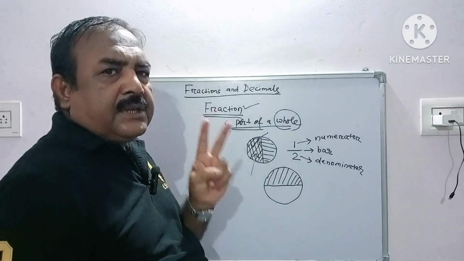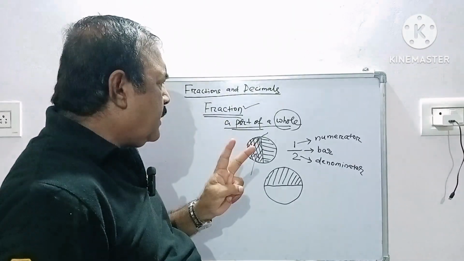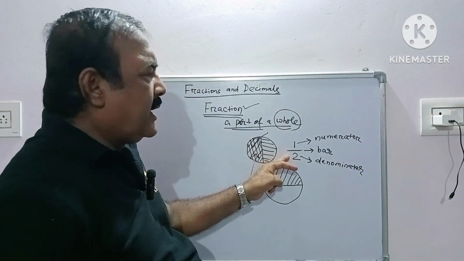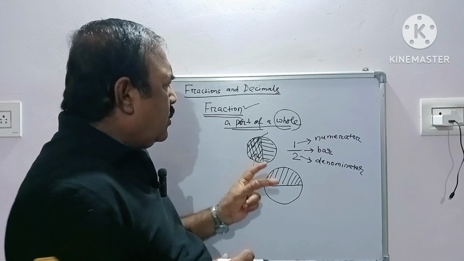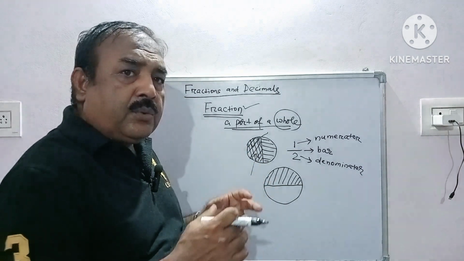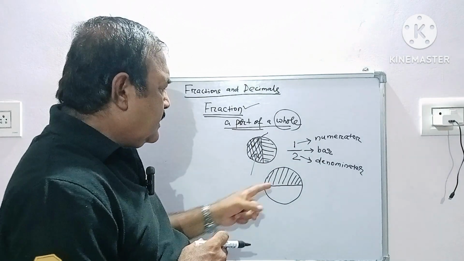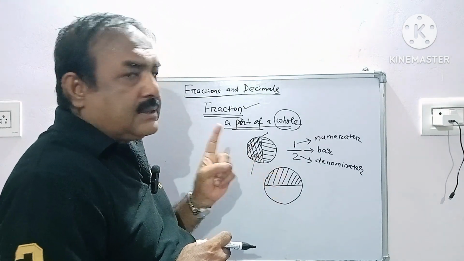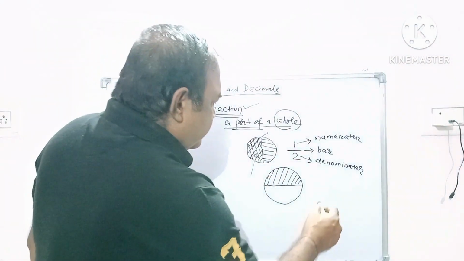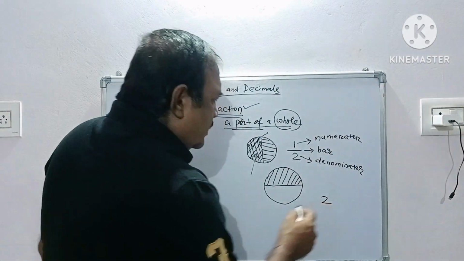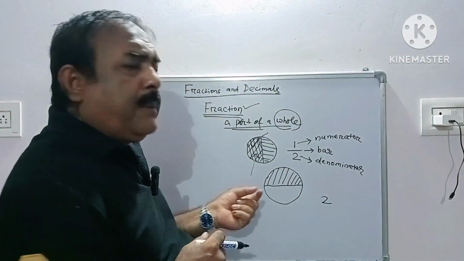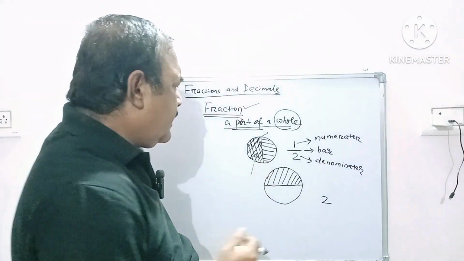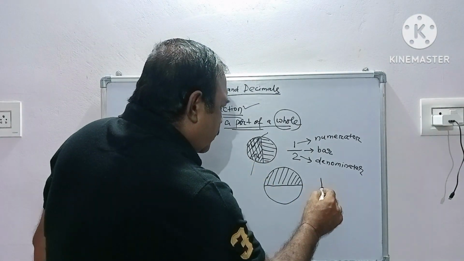So I need two pieces of information to represent a fraction. First, into how many equal parts is the object divided? In two equal parts I have divided. So that will be the denominator. How many parts will I have to take? One part. So that will be the numerator.